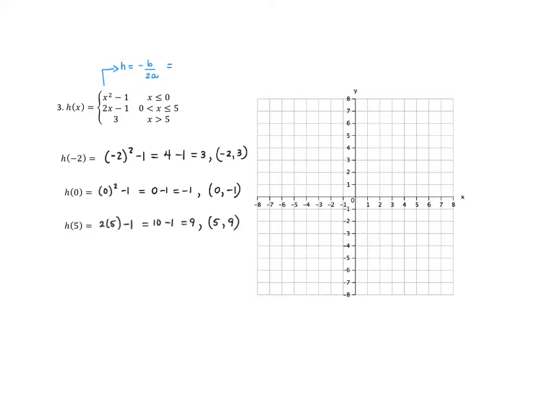I want you to notice that b is missing. The x term is missing. That means that b is equal to 0. So that's going to give us -0 over 2 times 1, which is 2, and that's going to be equal to 0. That means that the x value of the vertex happens to be equal to 0.